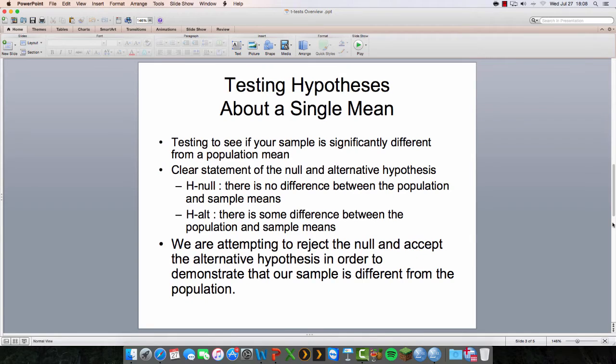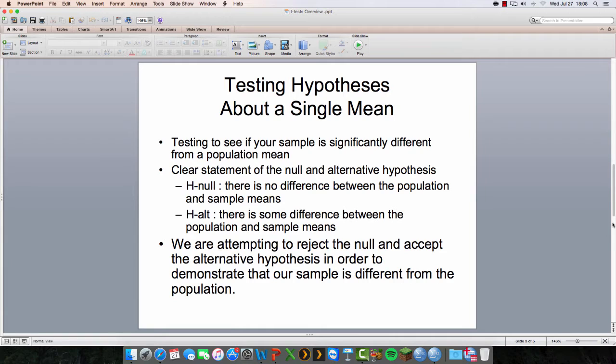Okay. So how do we go about testing a hypothesis about a single mean? Well, in this case, we're testing to see if a sample mean, some data you have on a particular issue for a particular variable, is different from some known population mean.